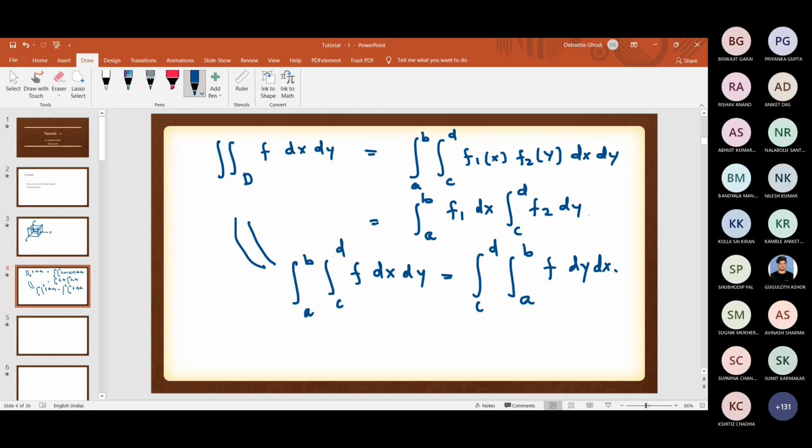It is not always that we get constants as limits. It may be possible that we get some functions as limits.